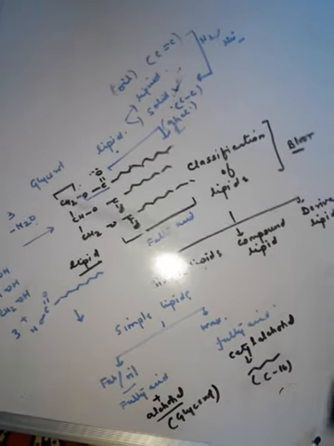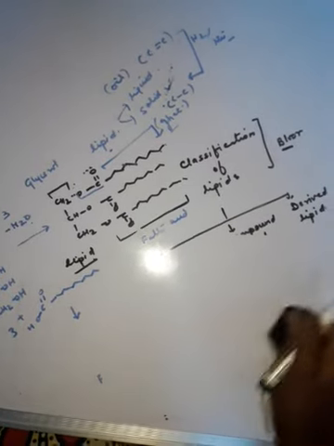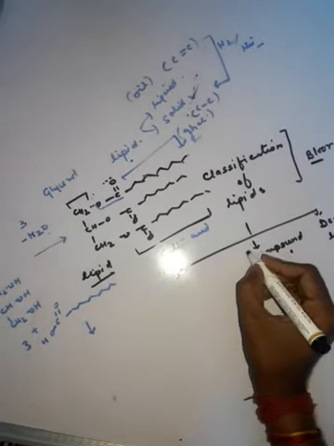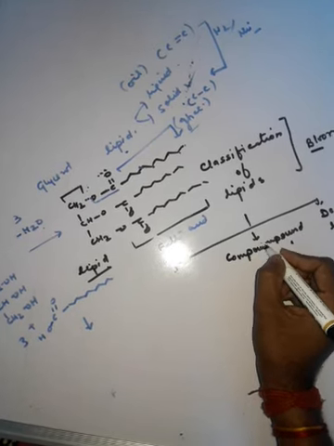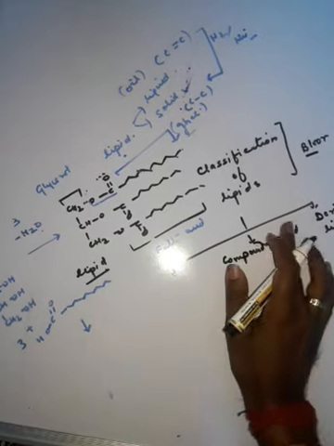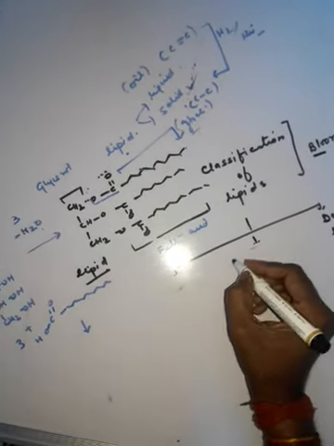Okay, next we will come to the compound lipid. I will mention it here in a very clear way. Compound lipid. So what does compound mean? This is the compound lipid.